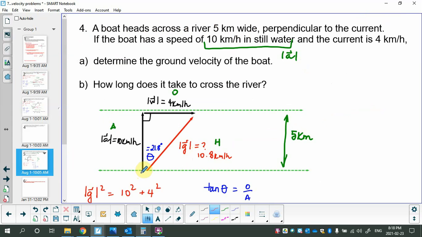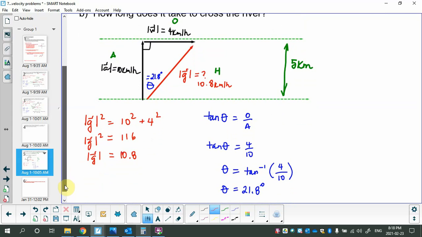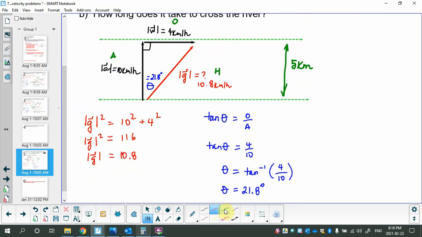The pilot of the boat, the captain of the boat, is heading the boat in that direction, only to be pushed by the current over here to end up here. So what you see on the ground velocity is that they end up here. You have no idea what's happening in the captain's mind. So you kind of have a choice.